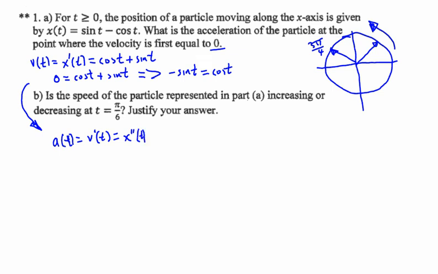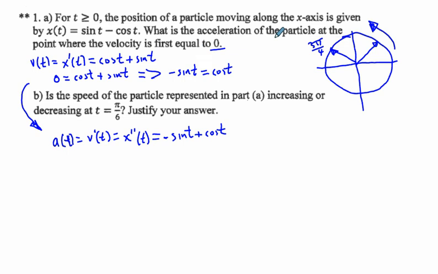That's going to be the second derivative. So we take this function: the derivative of cosine t is going to be negative sine t, and the derivative of sine t is going to be cosine t.